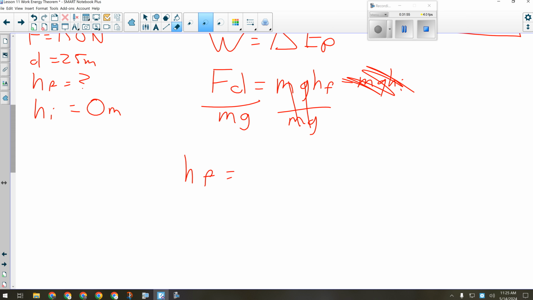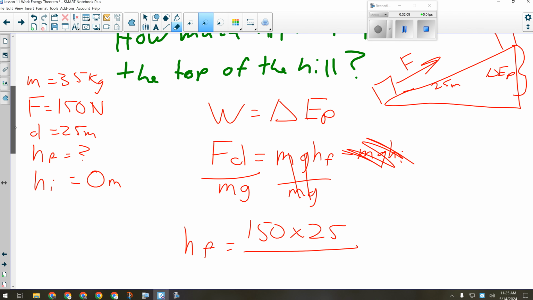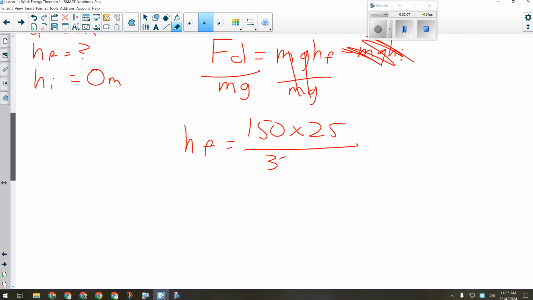So final height is going to be the force, 150 newtons, times the distance, 25 meters, divided by, what was the mass? 35 kilograms, times acceleration due to gravity, 9.81.